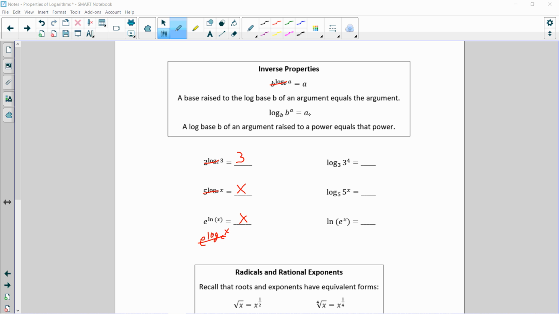And this one actually lends itself to what we just talked about, that we could pull that out, and this would equal a times log base b of b. But what we talked about earlier is that this expression right here just equals 1, so it'd be a times 1, or just a.